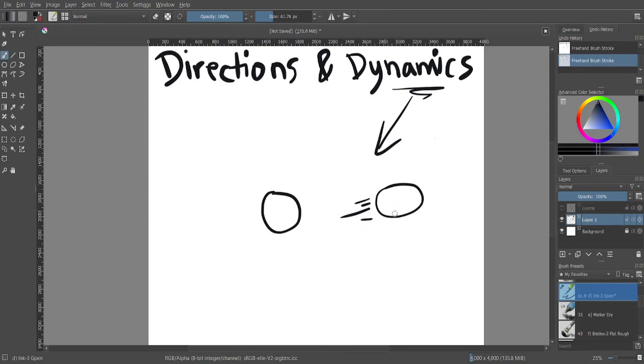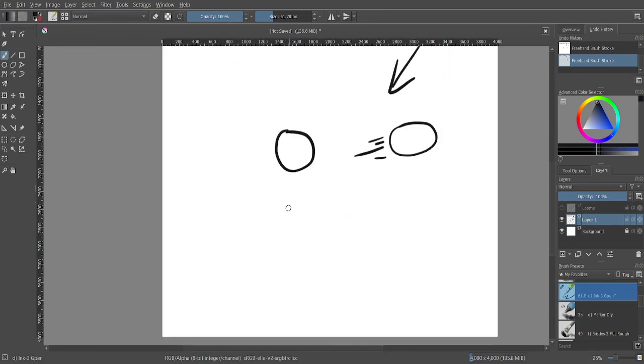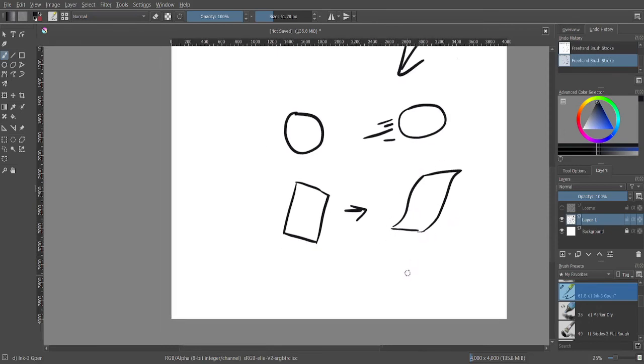Now it looks more alive. Let's try with a paper. If a paper is flying or is being moved, right? I stretch it. Or it's being blown by the wind.